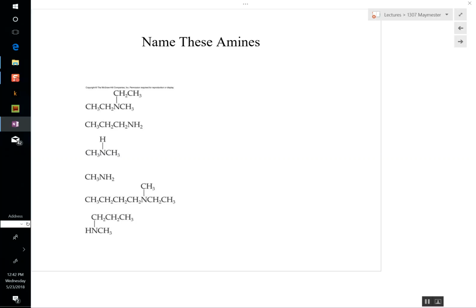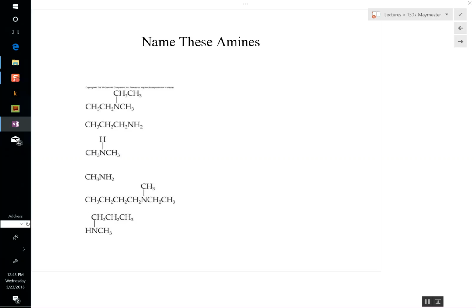What would an isopropyl look like? Yeah, it would attach like this. That would be a propyl group, but this would be a methyl isopropylamine.